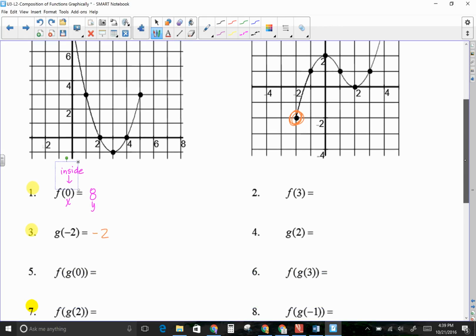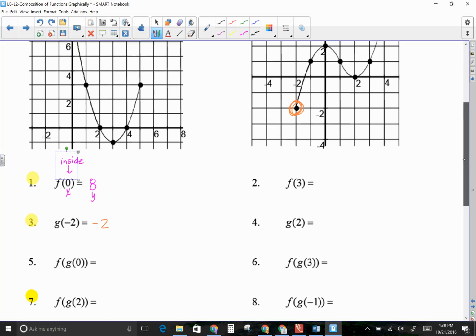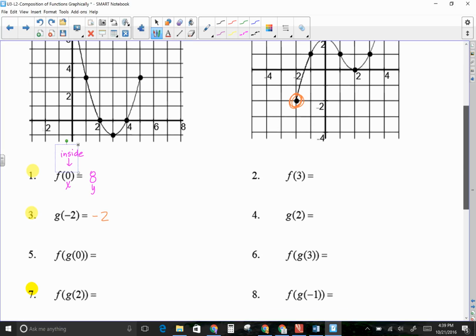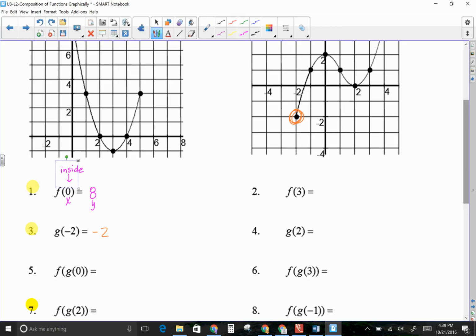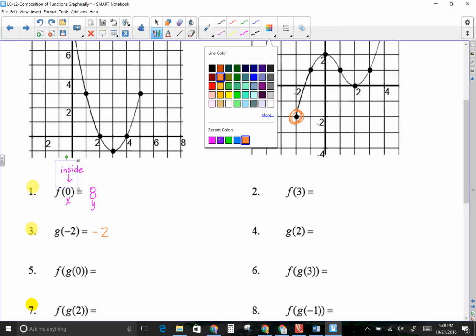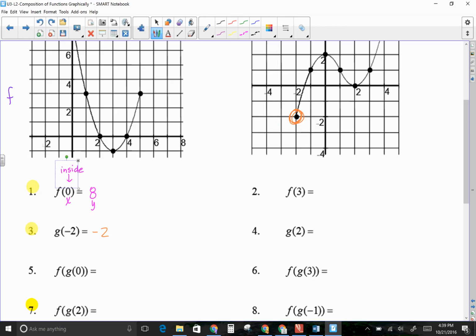The next one that I have is f of g of 2, and I have a little problem because I don't have a very big screen, so let me see how far up I can get. Just to refresh your memory, this is my f function, and this is my g. If I have to do f of g of 2, when you are given the number inside, that means you start with the function that is inside.